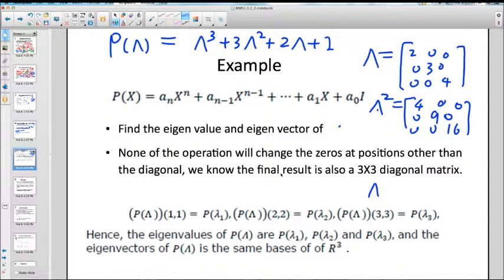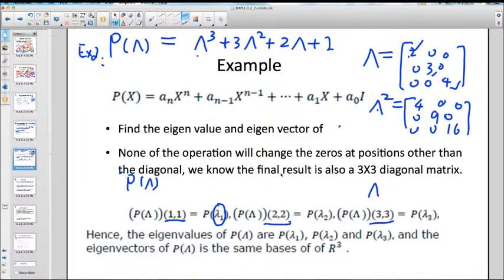So again, you only need to consider this element, which is the position 1, 1. And the second element is position 2, 2. The third element, position 3, 3. So what are those elements? That's nothing more than you plug in your lambda, in this case 2, to here. So in my example, let me call it example 2.